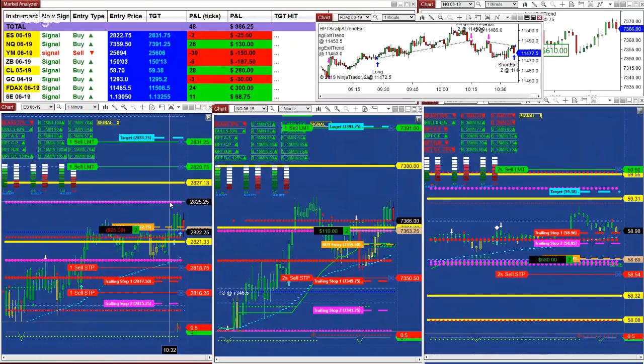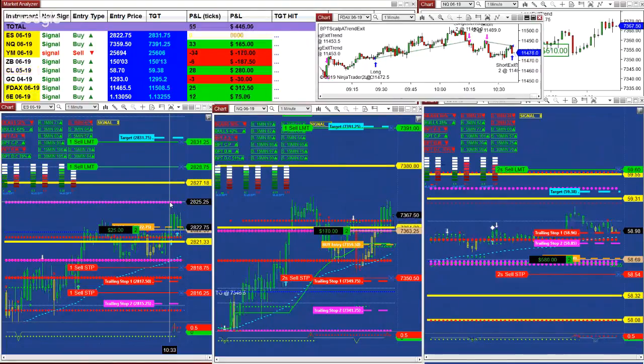Okay, now we have broken those levels, and this pullback is really going to knock a lot of traders out of their trend, and then it's going to go back and fly again.